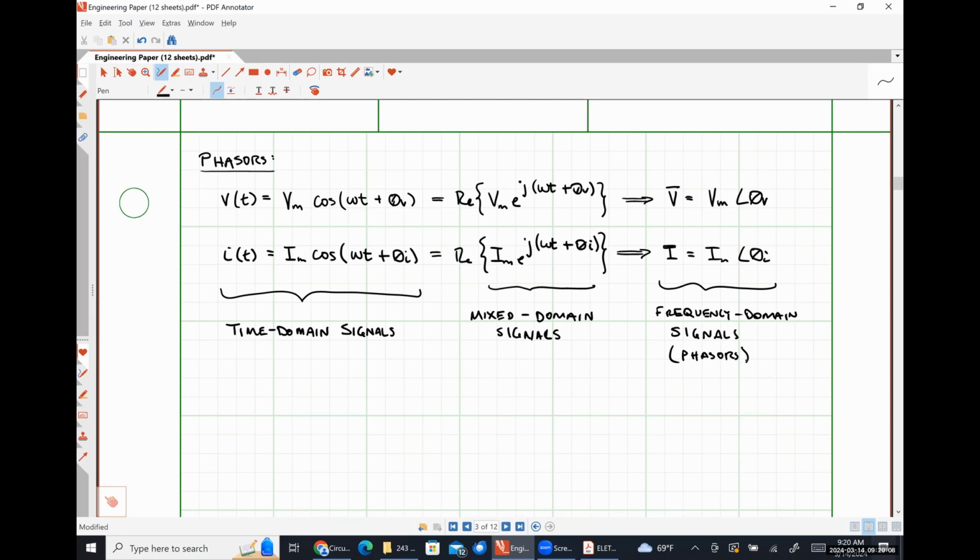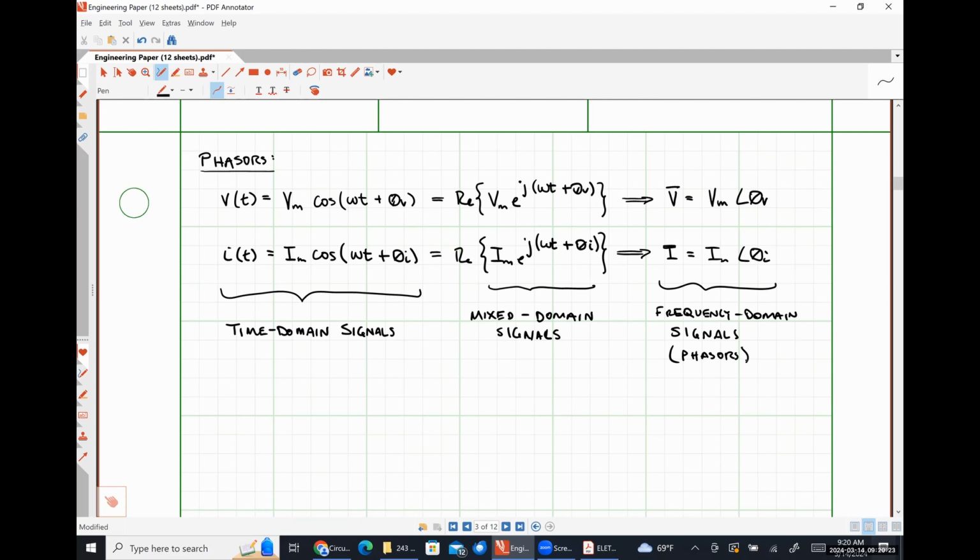If instead I had a sine function, I would need to convert that to a cosine in order to correctly construct my phasor representation. Okay?